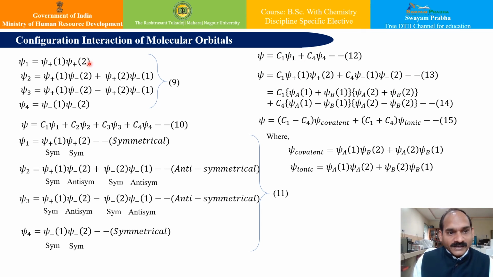Substituting psi1 from here and psi4 from here, we get equation number 13. On substituting the LCAO expressions for the bonding molecular orbital and anti-bonding molecular orbital, we get equation number 14, which on solving will give you this particular part.